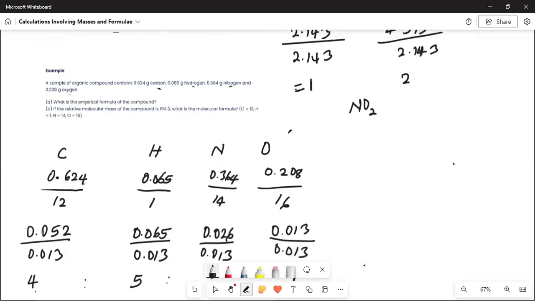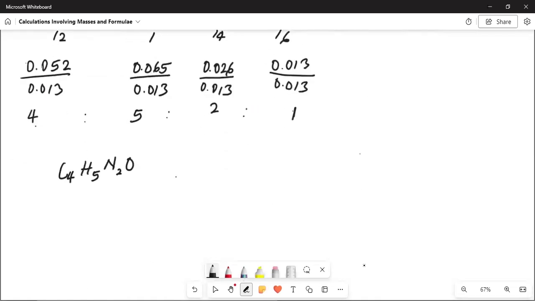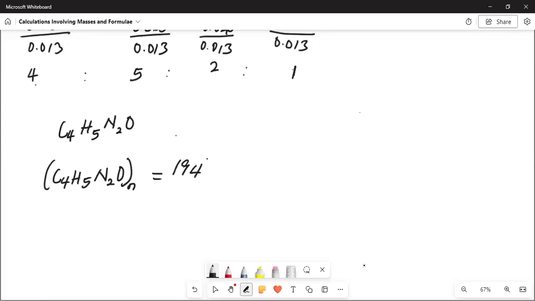The second part of the question says, if the relative molecular mass of the compound is 194, what is the molecular formula? So the empirical formula times N, C4H5N2O multiplied by N is equal to 194. Expressing each of these component atoms in terms of their relative atomic masses.